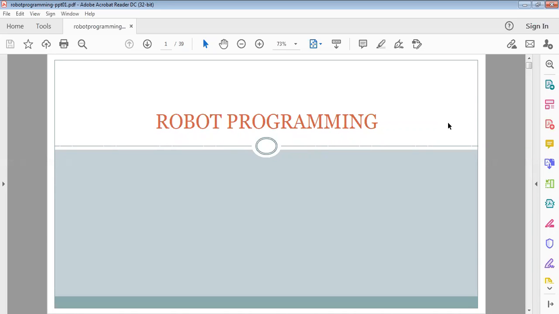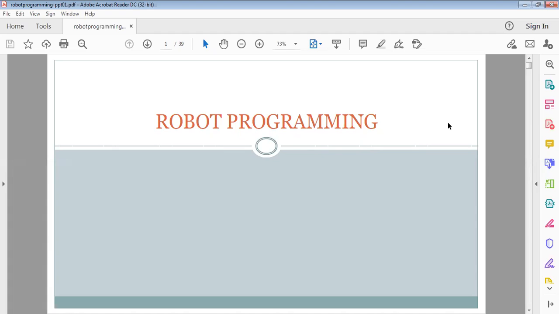So after designing the robot, it is the time to play with the designed robot. How do you play with it? By giving textual programming or textual instructions to the industrial robot.